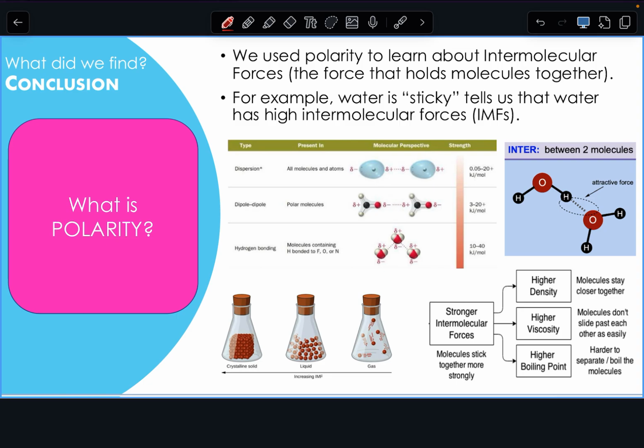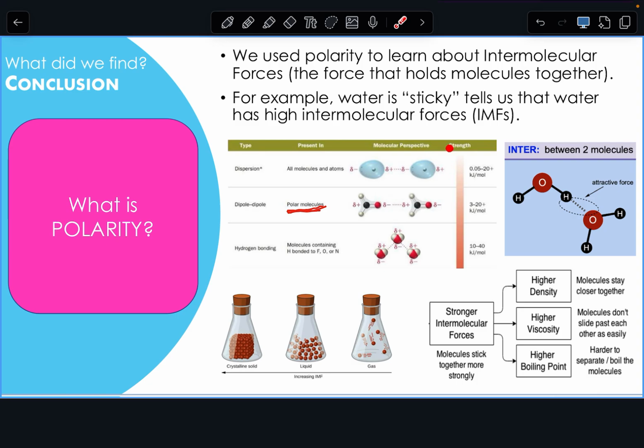Okay, so if you have a polar molecule, then you're going to have those dipole-dipole forces, right? And if you have non-polar molecules, you will not have dipole-dipole. We also found out, in the case of hexane that is completely nonpolar, there must be something that's making it stick together. So I started explaining to you dispersion forces.